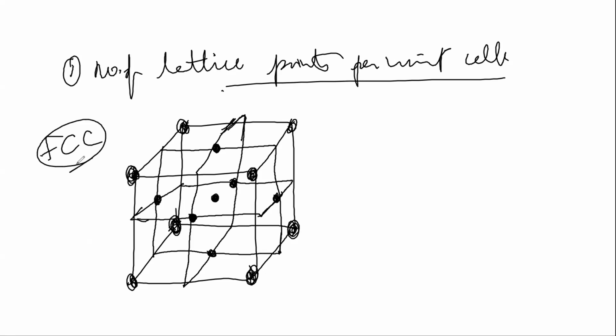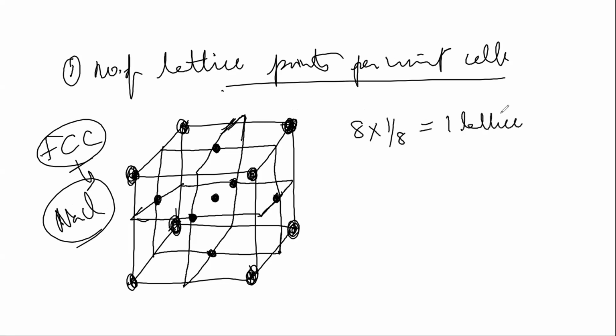Now we know for the common FCC structure we have face centered atoms, as in NaCl, sodium chloride. Here for diamond also, because it's FCC, we have all the 8 corner atoms, and each atom is shared among 8 neighboring unit cells. So we have 8 into 1/8, that is equal to 1 lattice point per unit cell.